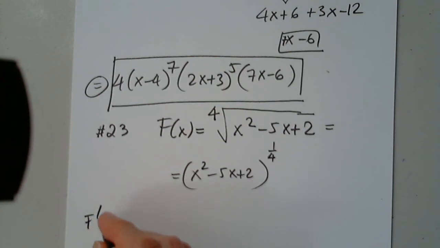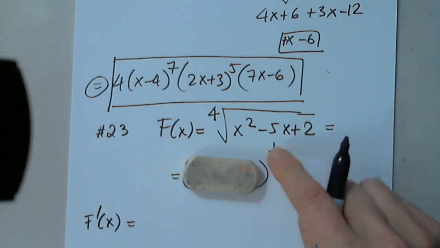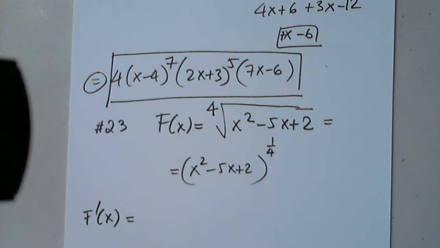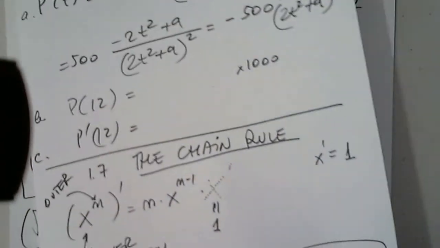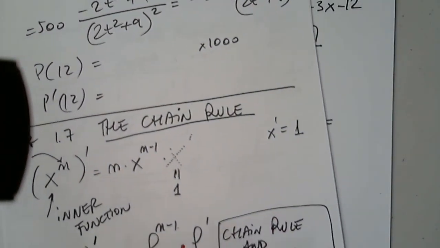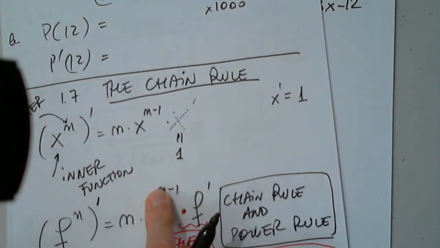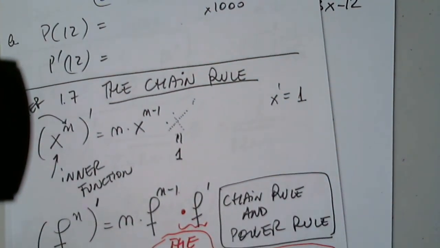Now, not too difficult, because this is a function raised to a power. How do I differentiate a function raised to a power? Can anyone give us an idea? 1/4 times whatever is in the parentheses. Careful. Minus 1. 1/4, the function to 1/4 minus 1 times the inner function prime.